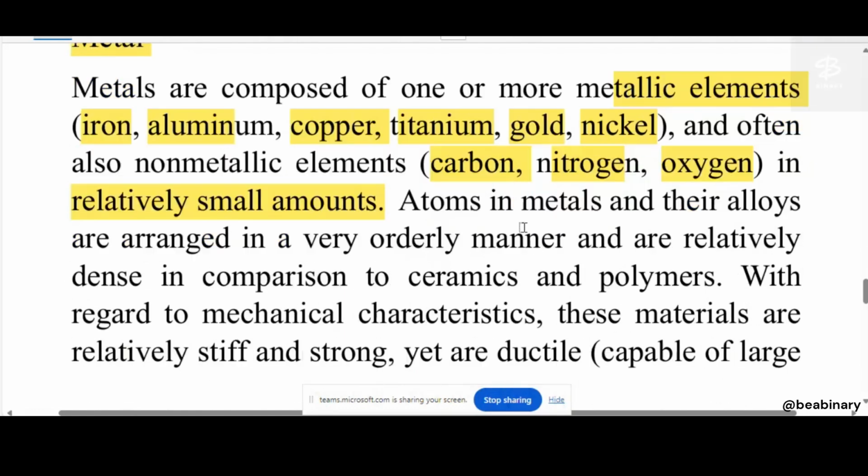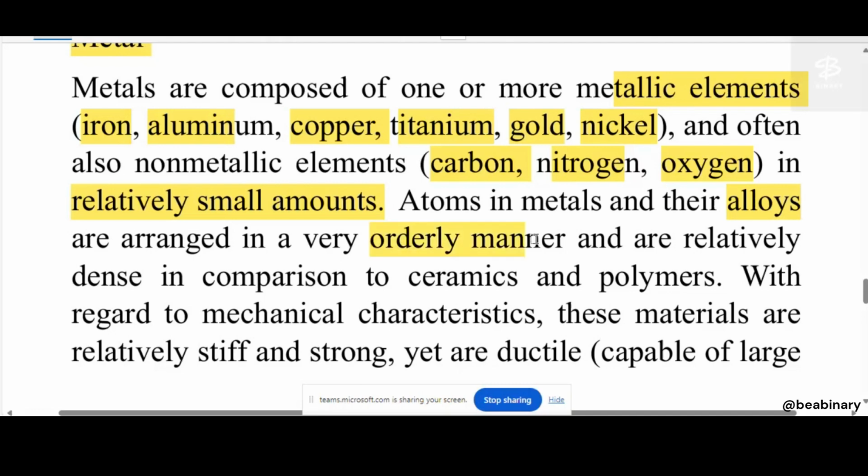So atoms in a metal and their alloys. Alloys are different things, right? Basically, the combination of two or more elements together is known as your alloys. So atoms in the metals and their alloys are arranged in a very orderly manner.